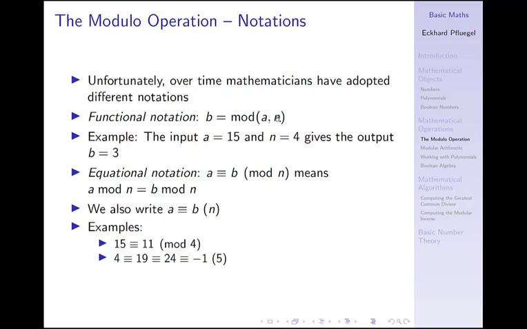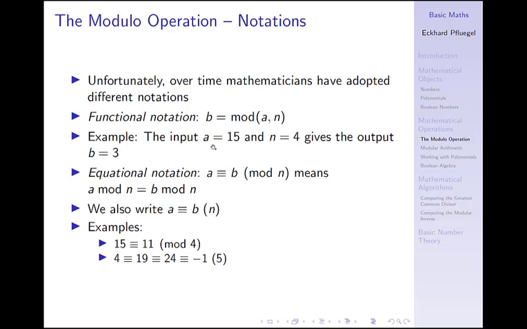So if you want to compute a mod n, then why not just put them as input arguments to the mod function, and the output would be b. Unfortunately, that's not what you read in the math textbooks. But it might be useful for you to remind yourself that the modular operation is basically a function with two input arguments and returning one output, one integer.